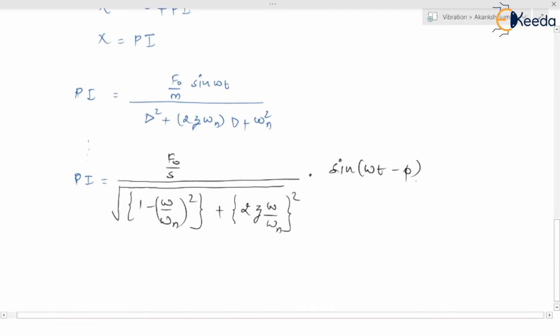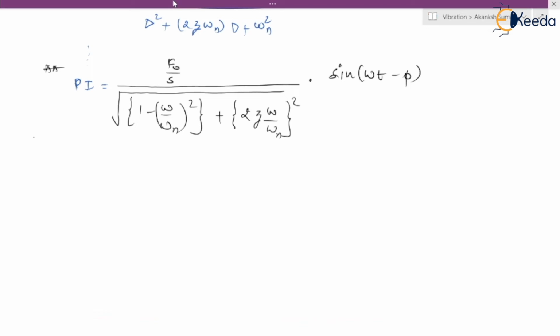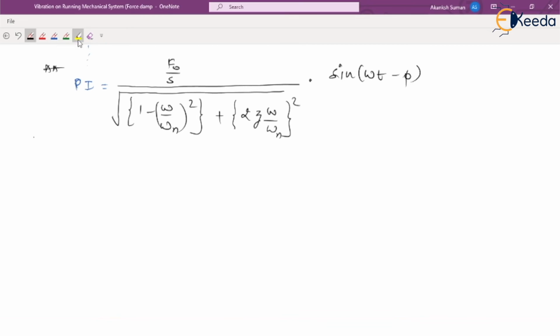Again, I am explaining each and every term. The result is that x is equal to the particular integral we have seen. In the case of the forced damped system, the particular integral comes out to be F naught upon under root of (1 minus (omega by omega n) whole square) whole square plus (2 zeta omega by omega n) whole square, sin(omega t minus phi), where omega represents the force frequency or the speed of the system.